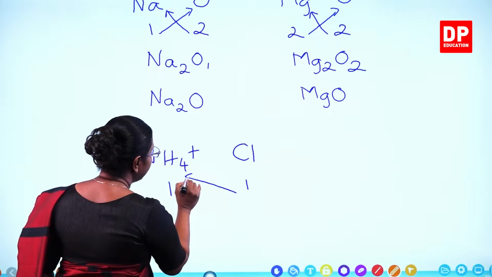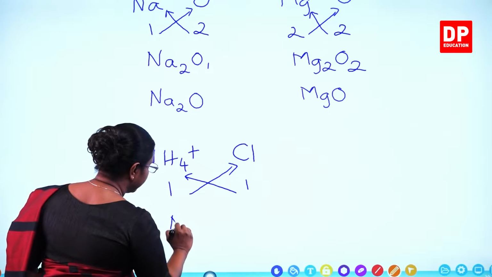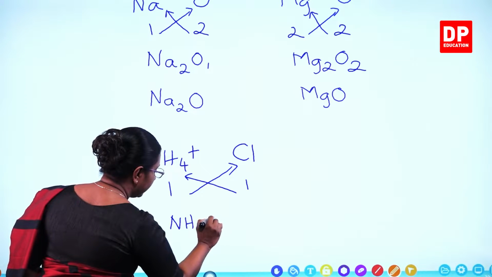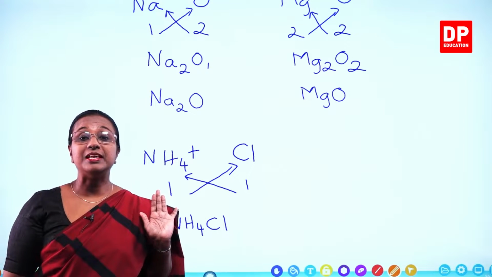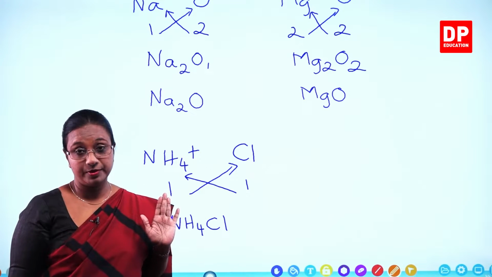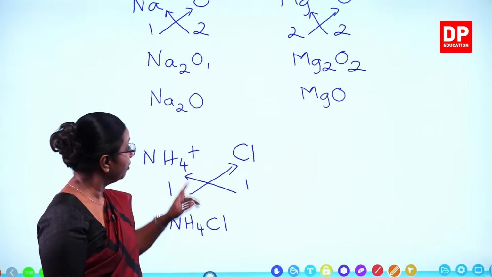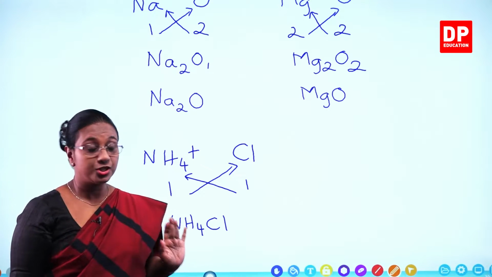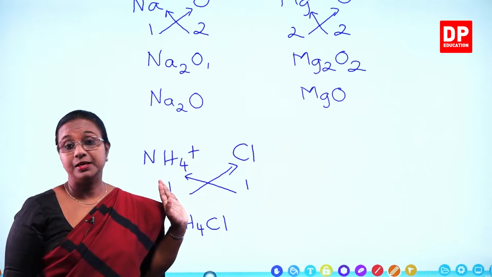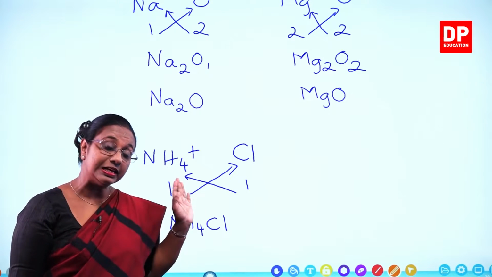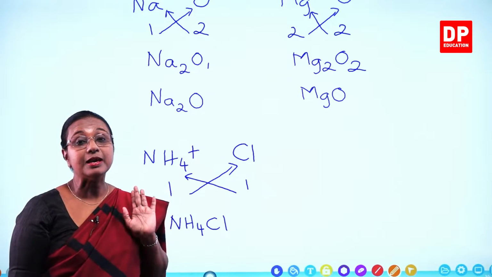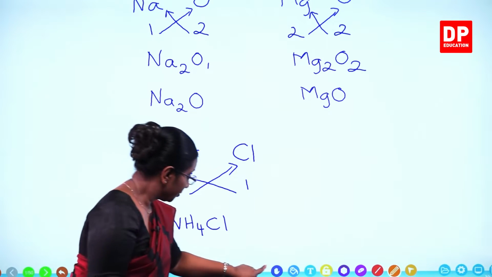There we exchange the valency, you get the formula as NH4Cl. So like this, you are familiar with writing chemical formulae. So before we start writing equations, you should be very familiar with this part of the lesson that we learned before, writing chemical formulae.